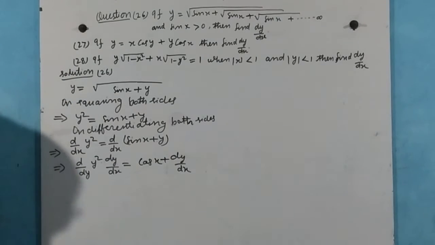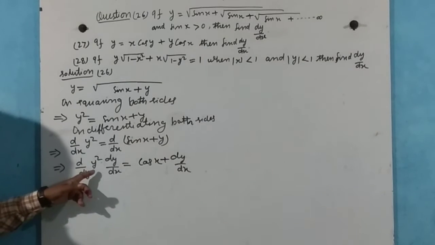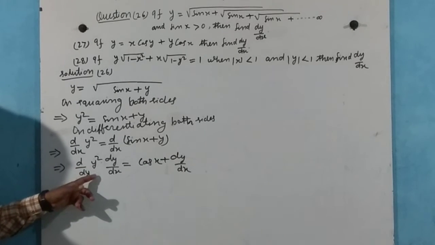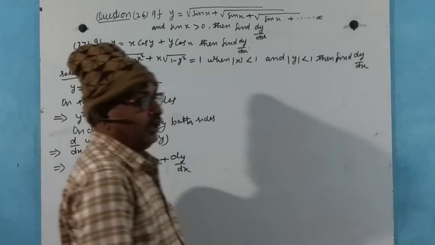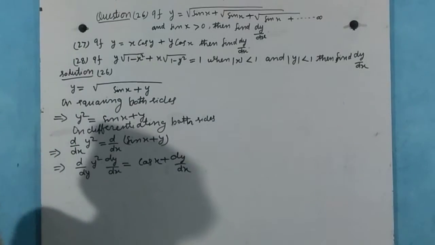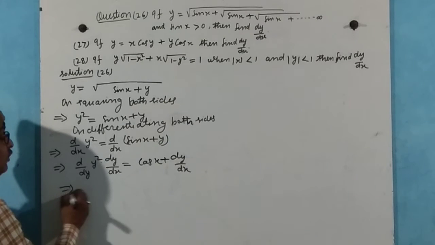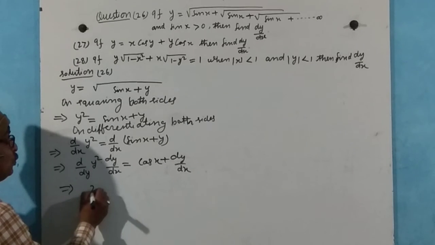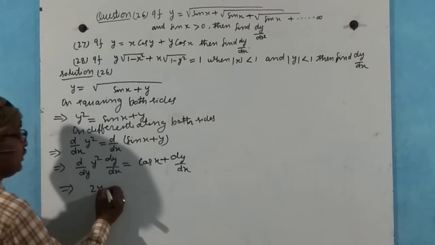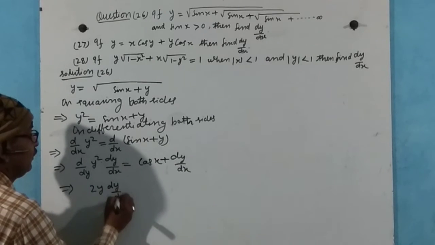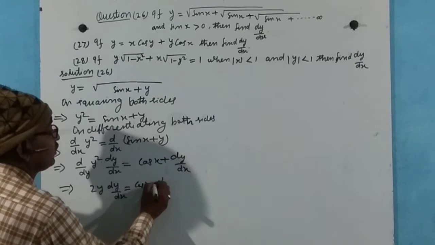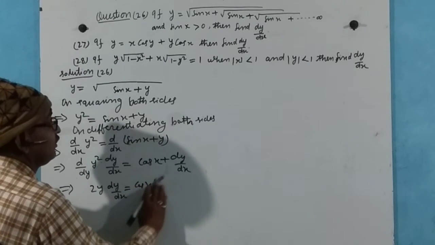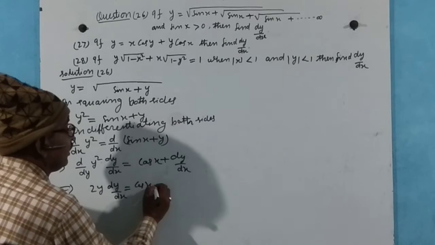Now the differentiation of y square with respect to y, using x to the power n gives n x to the power n minus 1, in a similar sense this is equal to 2y dy by dx equal to cos x plus dy by dx.